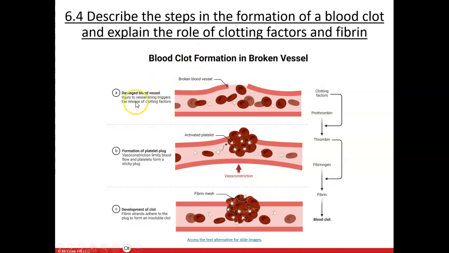If a blood vessel's damaged, let's say you got injured, you got a cut, there's the broken blood vessel. The physical interaction between the blood and the blood cells triggers the blood clotting to start. Floating around in the blood, there's this stuff right here.